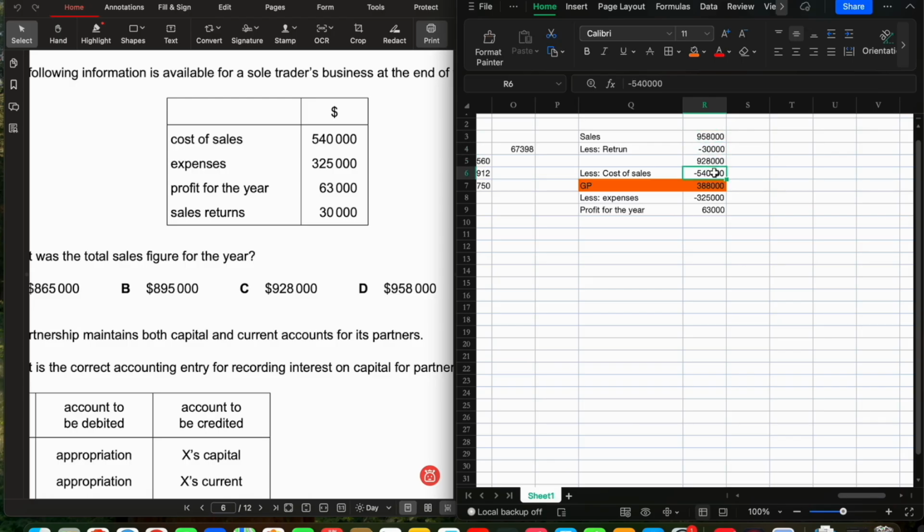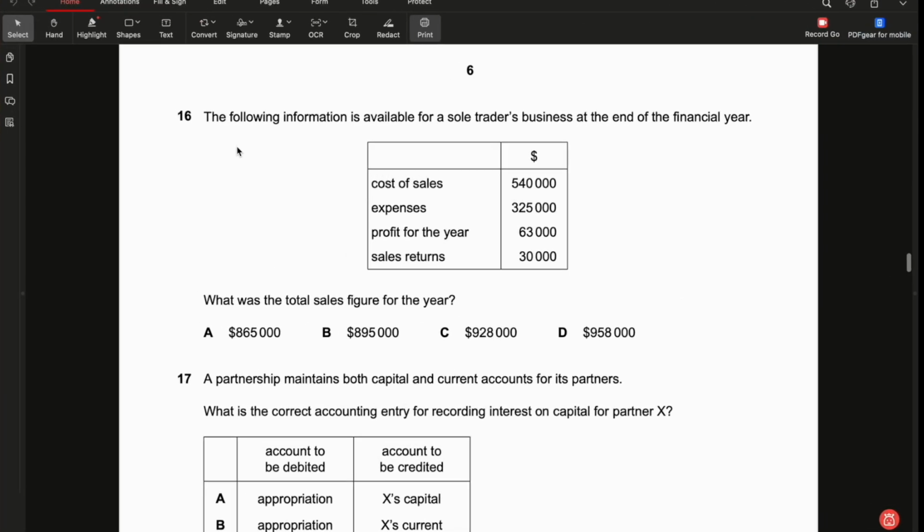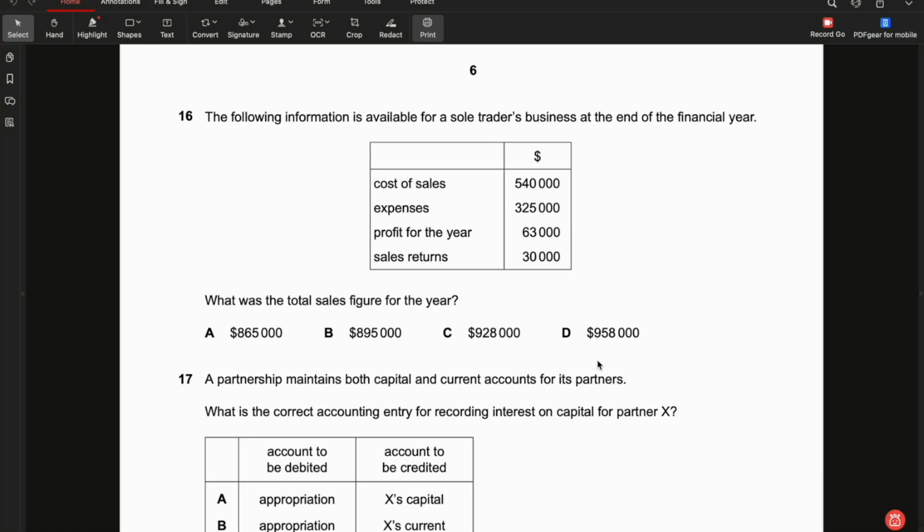When we subtract cost of sales, I'll get gross profit, and when we subtract expenses from gross profit, I'll get profit for the year. Okay, so I'm doing this on a reverse process, which is 958,000 is my sales. Okay, so your correct answer is 958,000, which is option D. So for question number 16 is D.